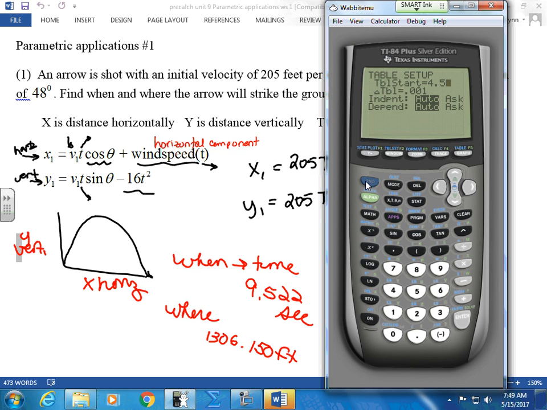So I'm at my table. I'm at my 4.5. Which one am I looking at, the X or the Y? If I want to know how high it is, the Y. So my Y, I'm looking for this to turn. Did it turn yet? It's getting real close. See, as they start to repeat, they're getting real close.